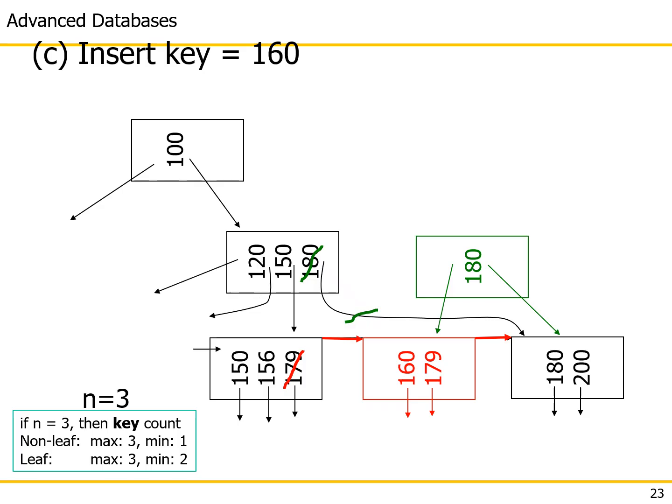The question is, what value again should I put in at the root level? Now, the reference I'm going to add will be to the right of the new value that will go in at the root level. And again, we're going to apply the same rule. Go right all the way left to find the smallest value in the right subtree. So the smallest value in the right subtree is actually 160, and consequently I add 160 to the root.